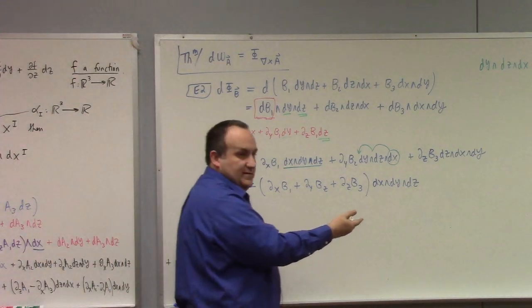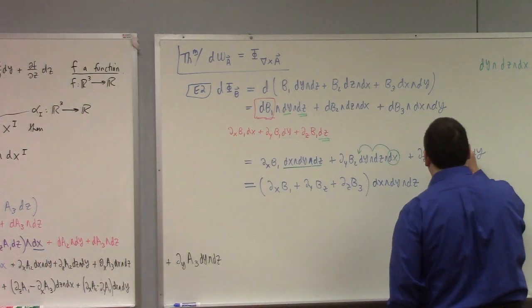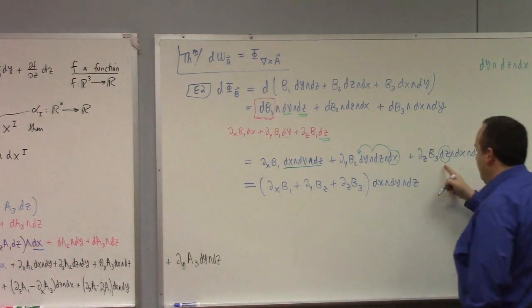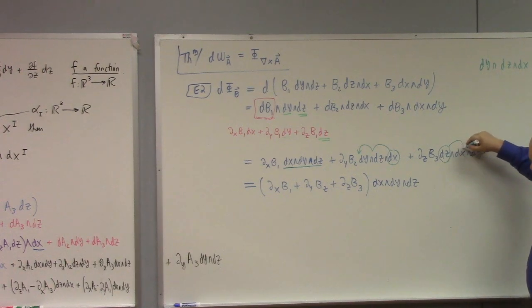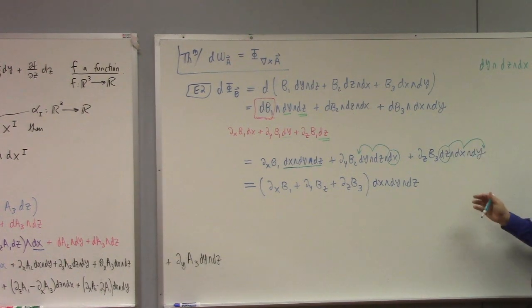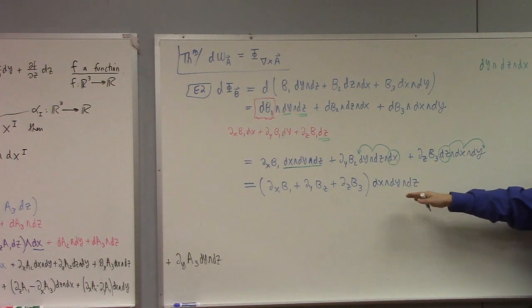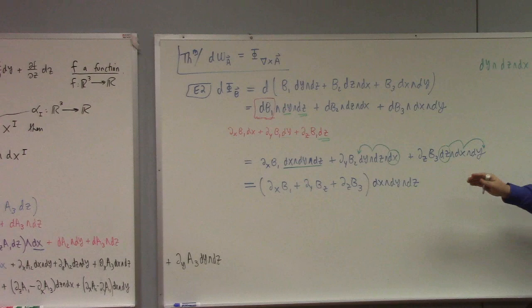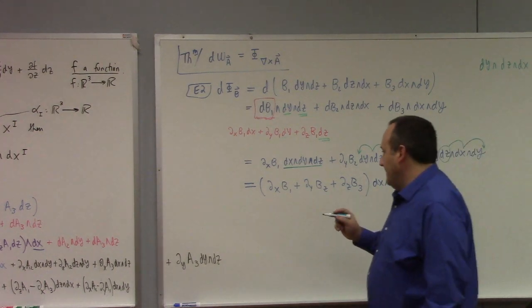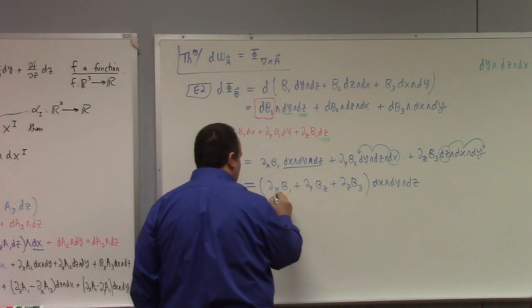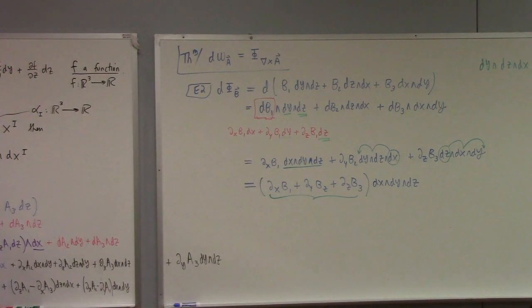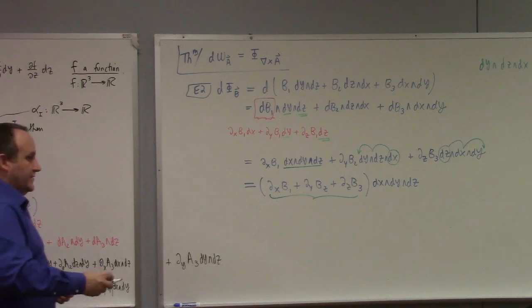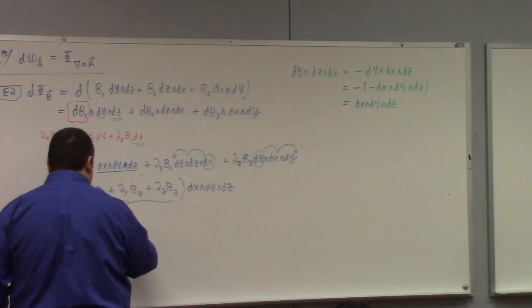And what happens over here? It's the same story, but in reverse. I just have to move this 1, 2 spots, so I get a minus, and then minus and minus gives me a plus. So I get this. What is that? This should be easier for you to recognize. That's the divergence. So there we have the divergence of B.